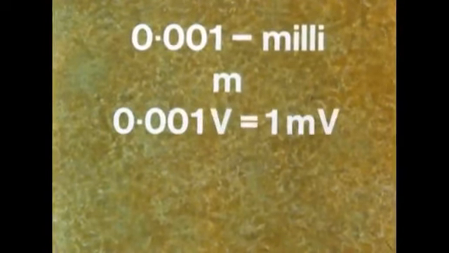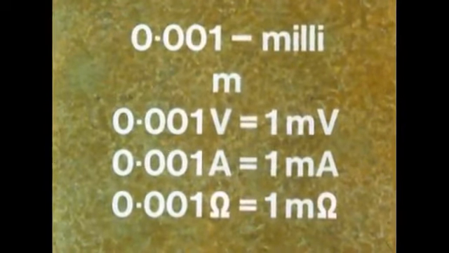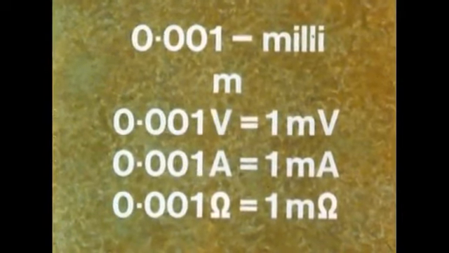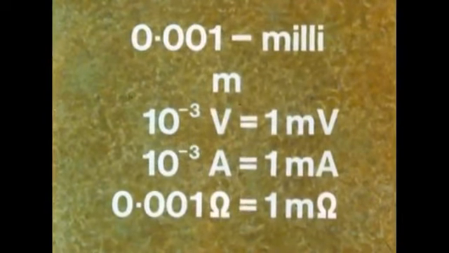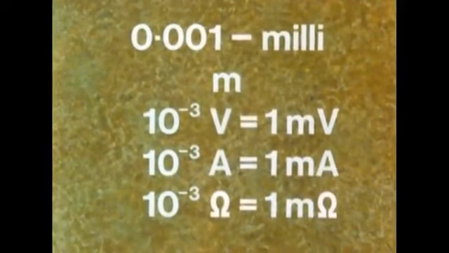So we have millivolts, milliamps, and milliohms. Or just as we use 10 with a little 3 for thousands, we use 10 to the minus 3 for thousandths.